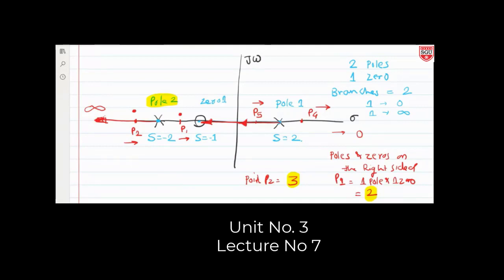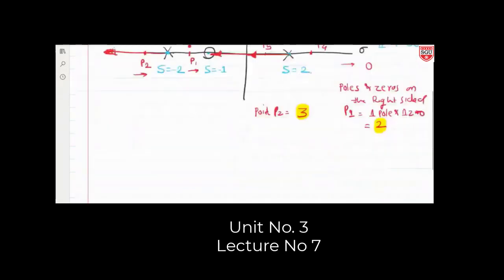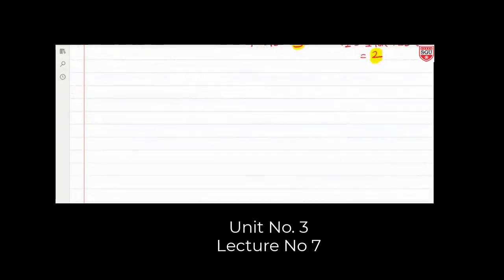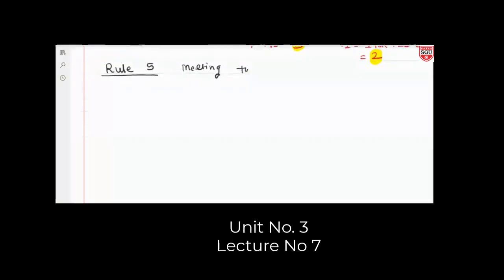Understood this? Okay. Now let's move to the next point, which explains the meeting of two branches. Rule number 5: meeting of the two branches.